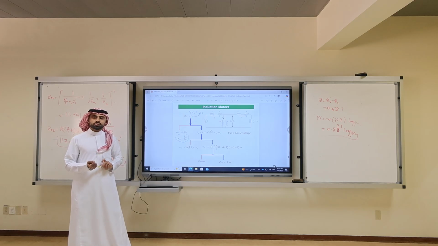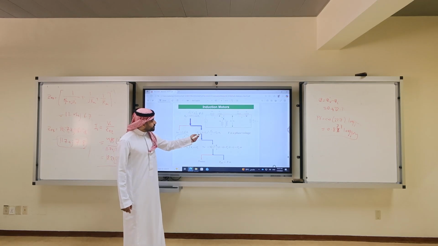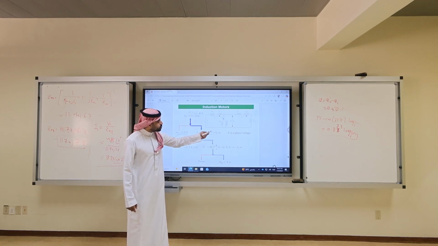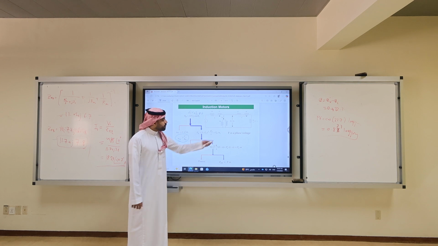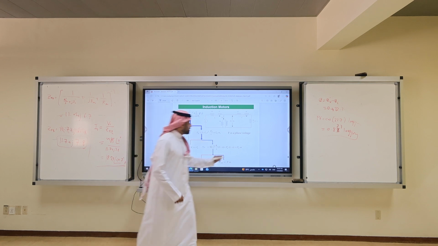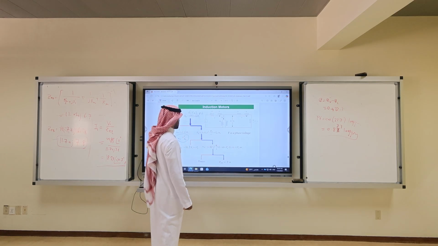No. It's only in an induction machine. The air gap power is calculated as 3 times I2 prime squared R2 prime over S, which is the torque developed times the synchronous speed. Omega S is synchronous speed. Here it should be omega M. I have to fix it later, maybe next lecture.